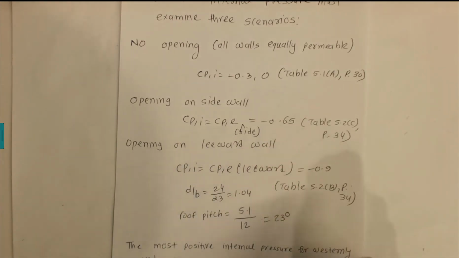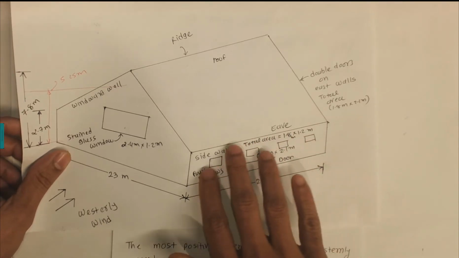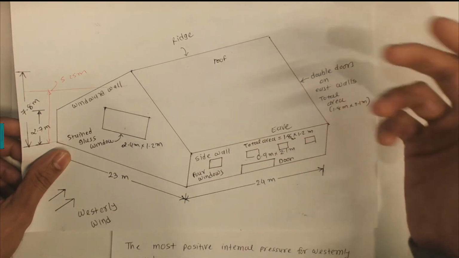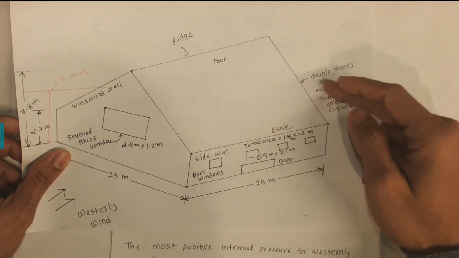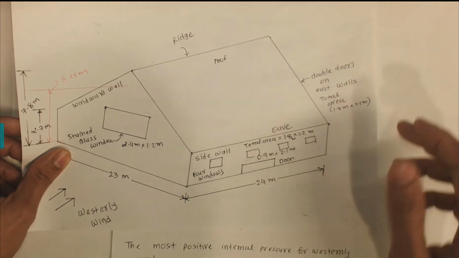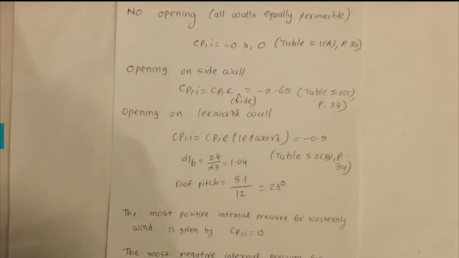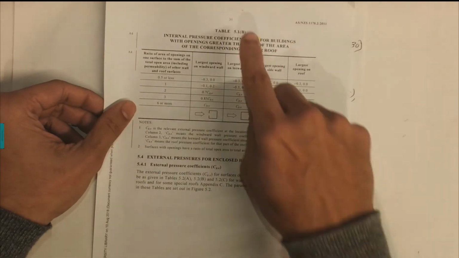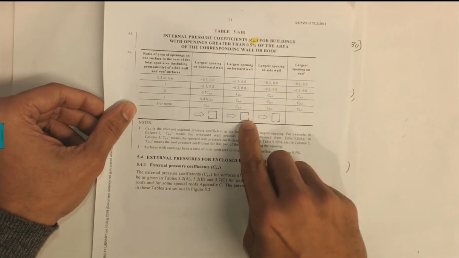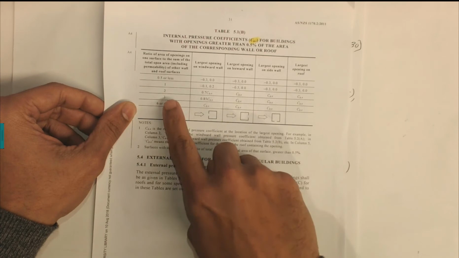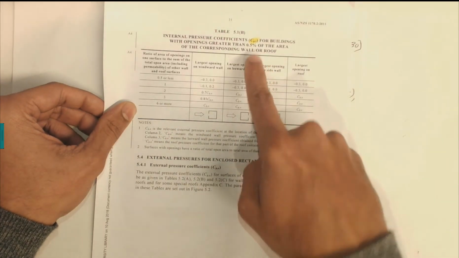Now opening on leeward walls. Let's assume that these doors and windows are closed, but let's say we have broken windows or broken doors on the leeward wall. So that is the opening on leeward walls. In that case we need to go back to table 5.1b on page number 31, and consider the opening on leeward walls, and we can see that we have a ratio 4.4 that will allow us CPI value equal to CPE.